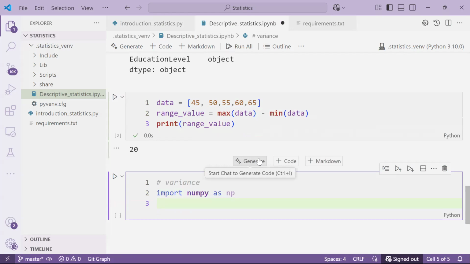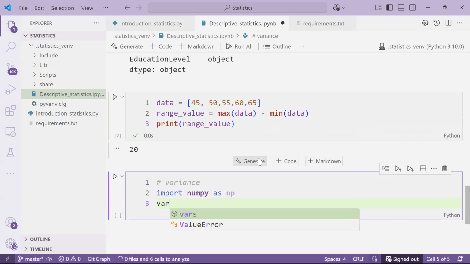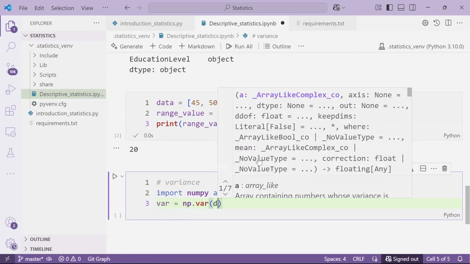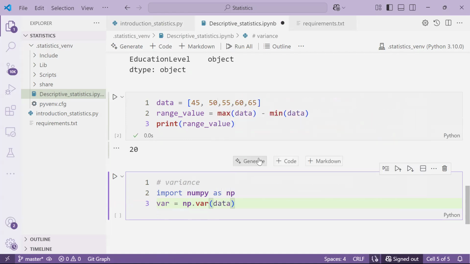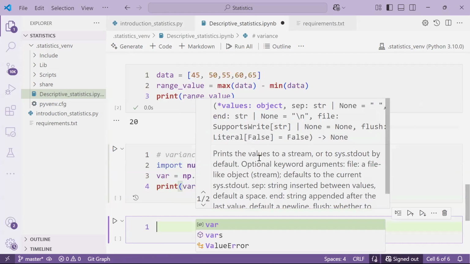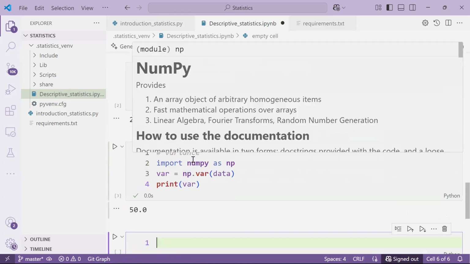With the same data points, I can calculate the variance: var equals np.var, this is the function for calculating the variance. You just provide your data, then it automatically calculates your variance. So print var. This is the variance.